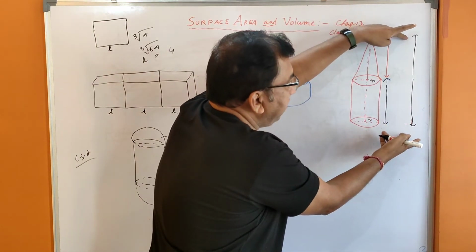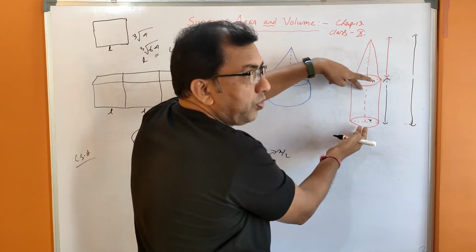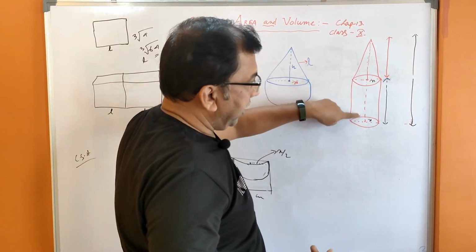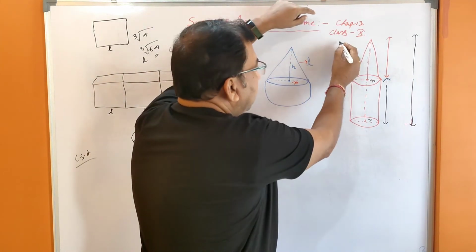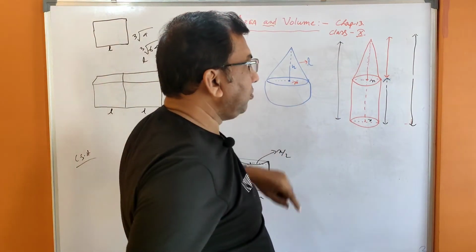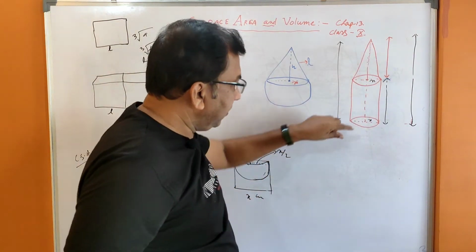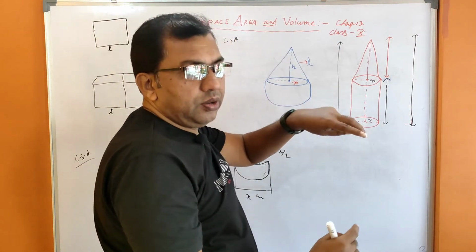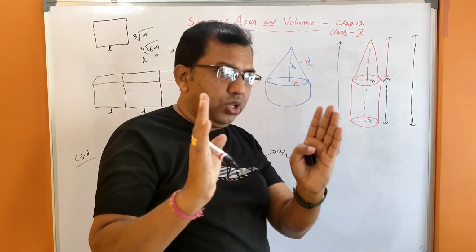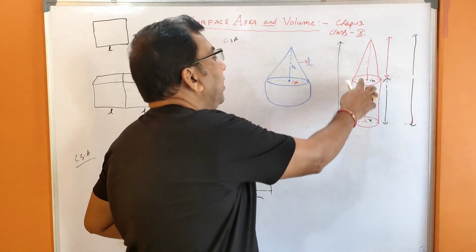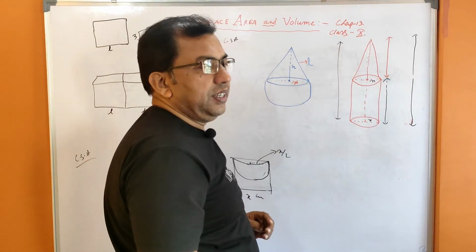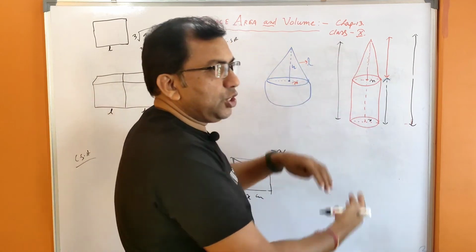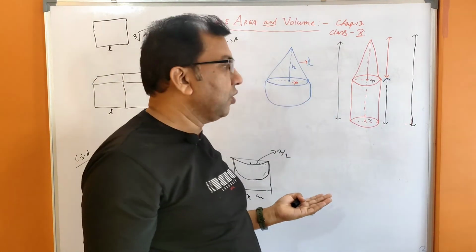If you deduct this height from the total height, you get the required height. So you have to find out this height by subtracting this from this. Go through the questions carefully, find the volume of this and the volume of this, add them, and the total volume will be easily got.